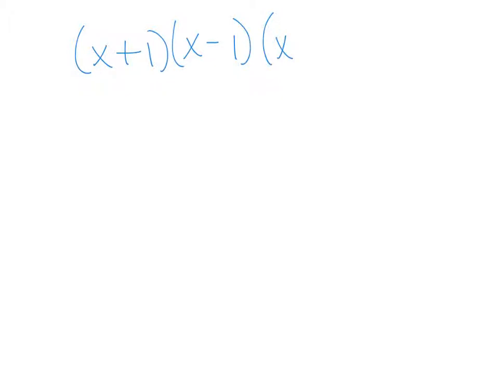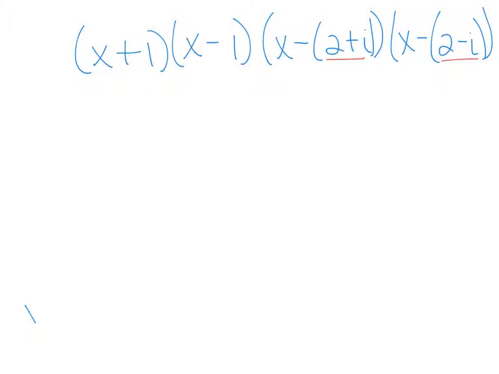And then we have x minus (2 plus i) and x minus (2 minus i). Again, the 2 plus i and the 2 minus i, we found those imaginary or complex zeros using the quadratic formula. So our answer to the multiple choice question is C.